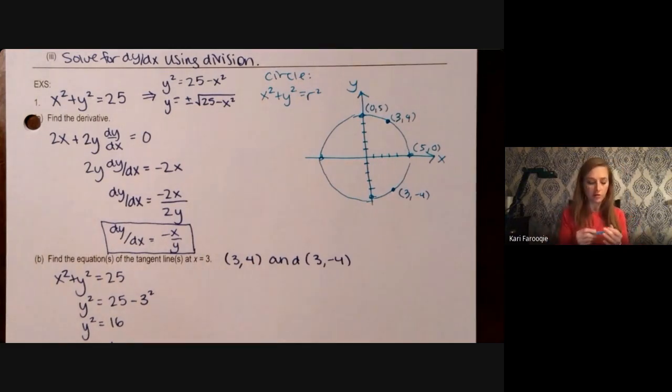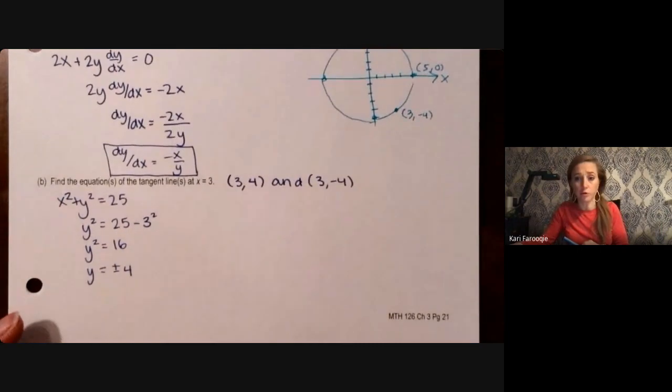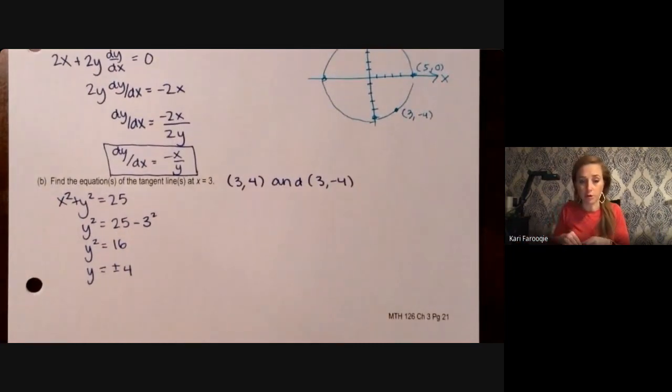So that's why we're focused now on finding equations for two different tangent lines. But it's no big deal. We still have the fact that a derivative is a slope, and we found that the general equation for the slope at a given point was dy/dx is -x over y. So once we have that, we can go ahead and just find two different equations using a point and a slope.